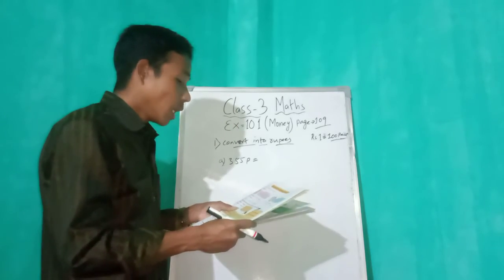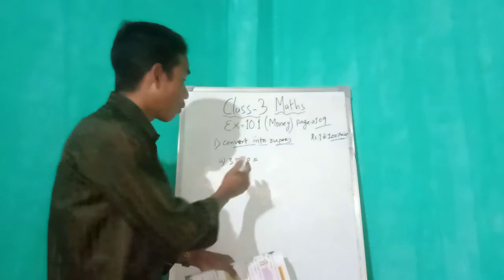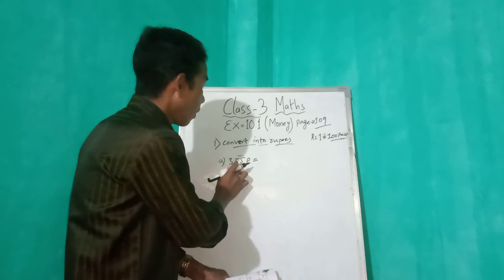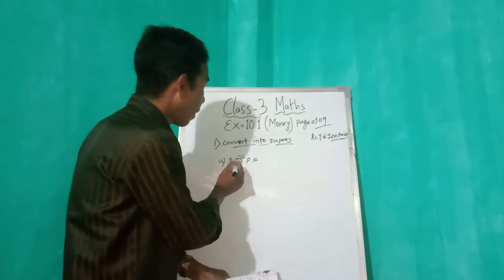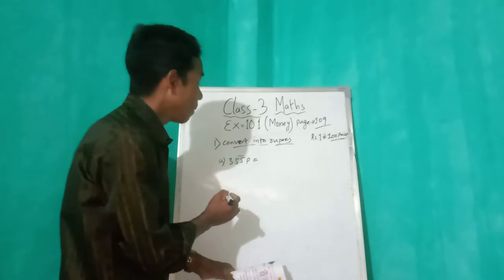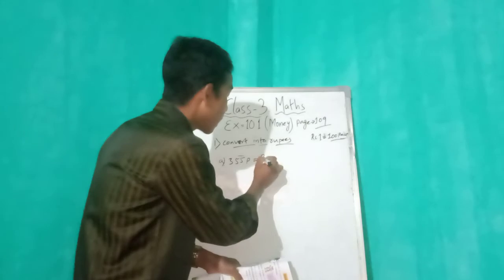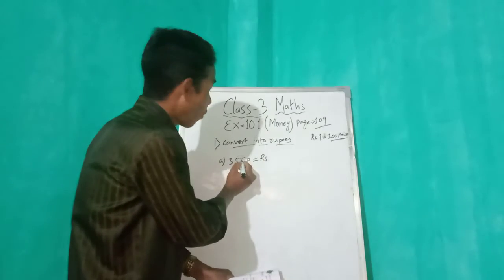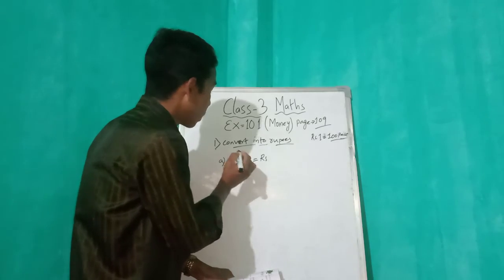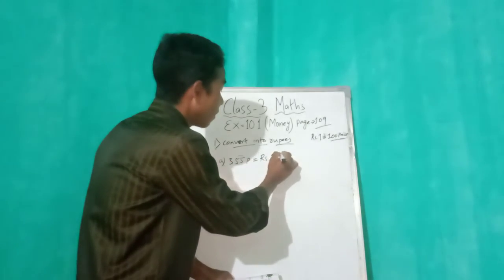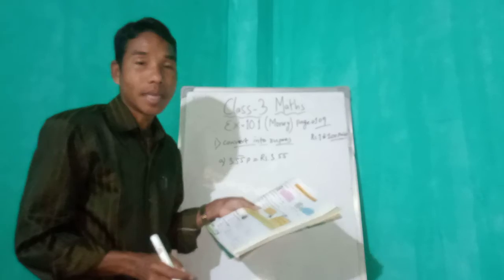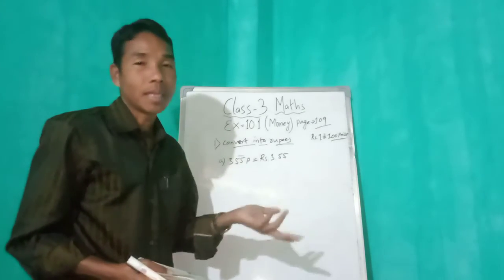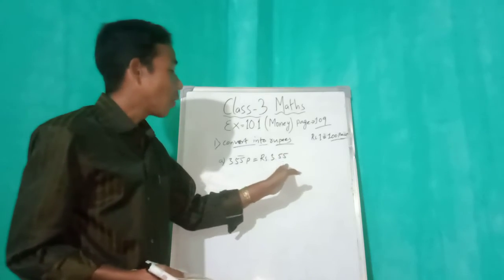We have to count two digits from the right, 1 2, and then we put a dot. Then we put rupees. I have counted from the right, 1 2, and I will put the dot here. That means 3 rupees 55 paise. So this is our answer.